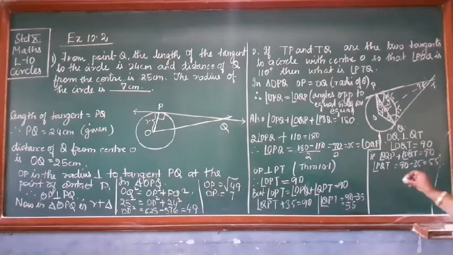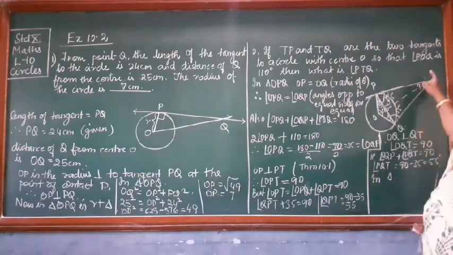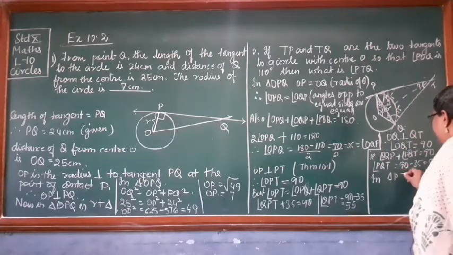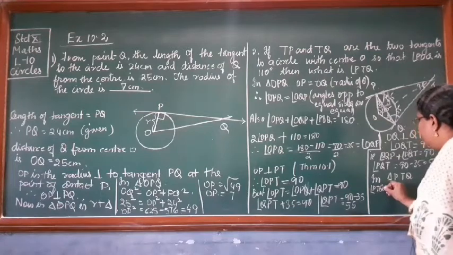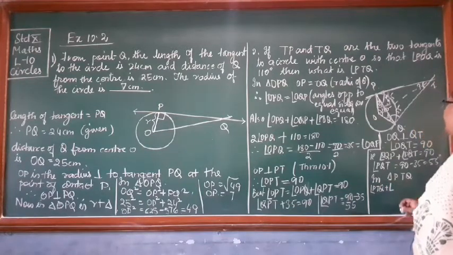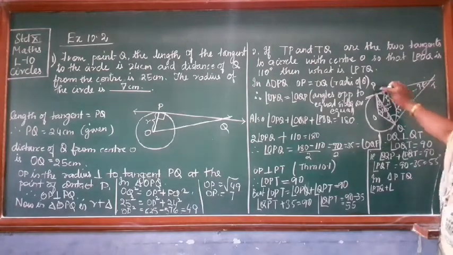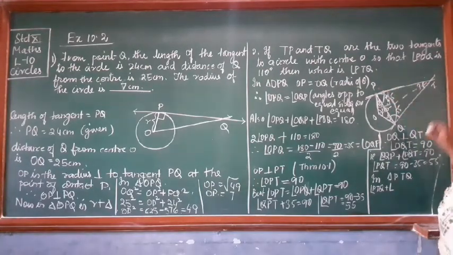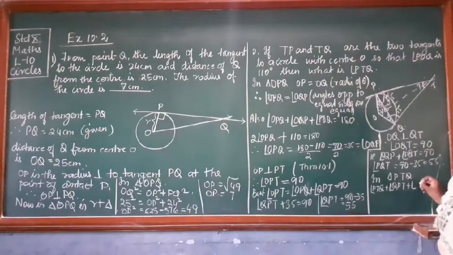तो कौन सा ट्रायंगल ले लेते हैं? इन ट्रायंगल PTQ. We know that angle PTQ plus angle QPT plus angle PQT together they make 180.